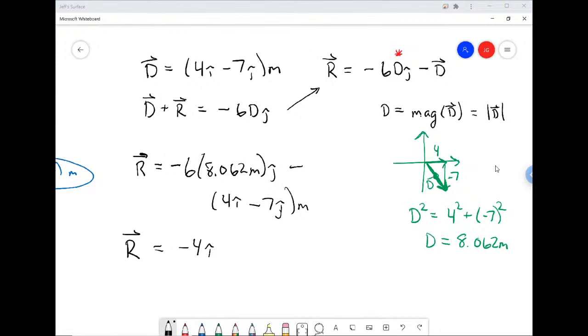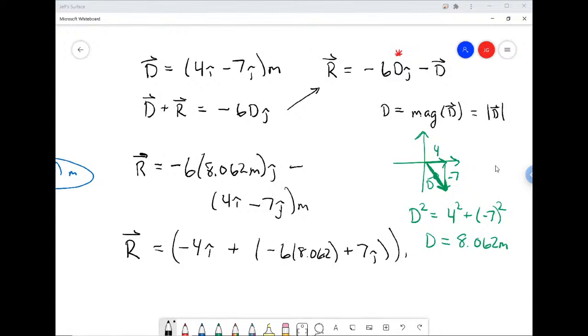And then for the j hat component, we're going to have to add the 6 times 8.062 and minus minus, so that would be plus 7 j hat.